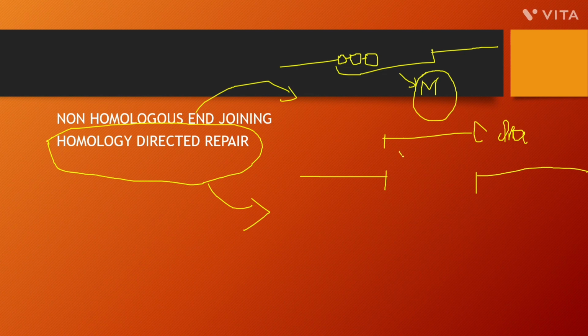I'll tell you what to do. You just add the nucleotides. That is what is going to happen here. The cell will identify the complementary sequence and add the nucleotides accordingly. So my gene of interest has been created over here.